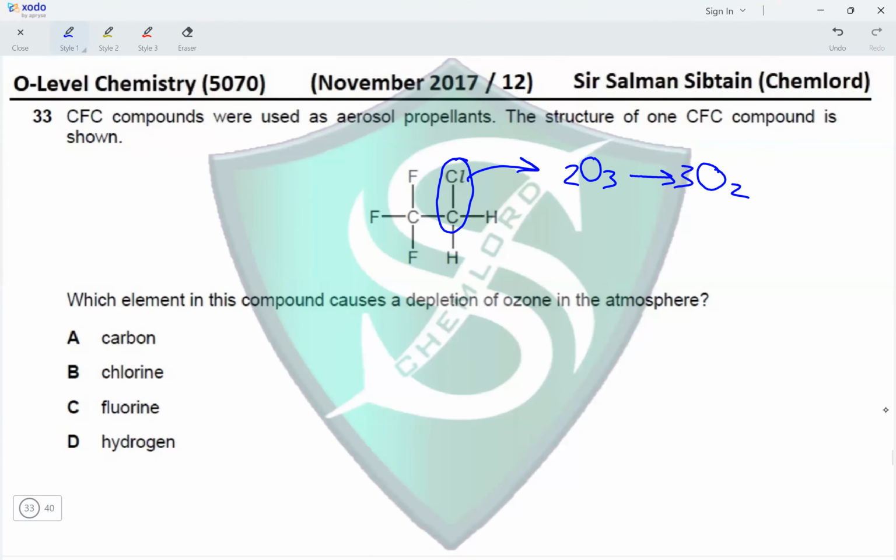So this is brought about by the action of chlorine in the atmosphere. So out of the given elements, carbon, chlorine, fluorine, and hydrogen, chlorine is the reason for ozone layer depletion, making option B the correct option for this question.